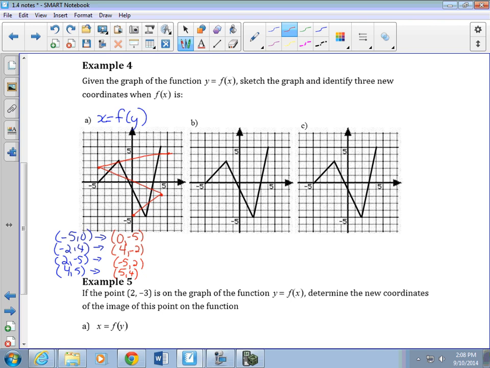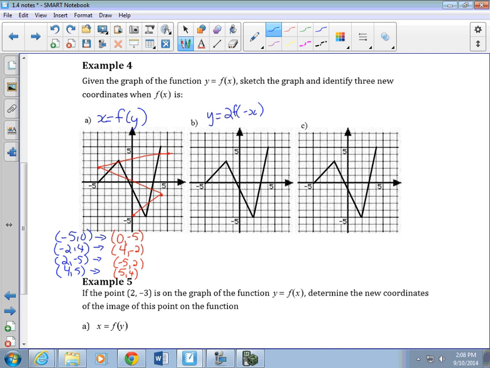So that's the inverse of that one. So the B, if we do... in this one, we're applying two things.